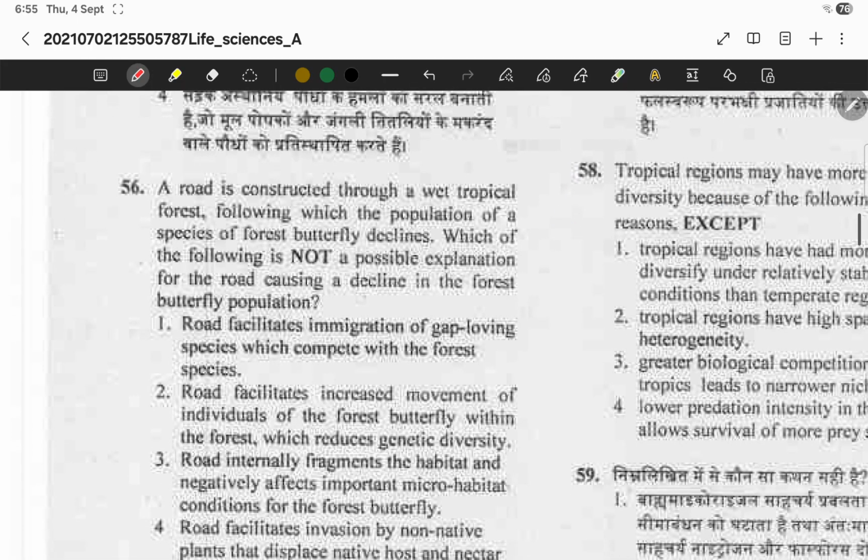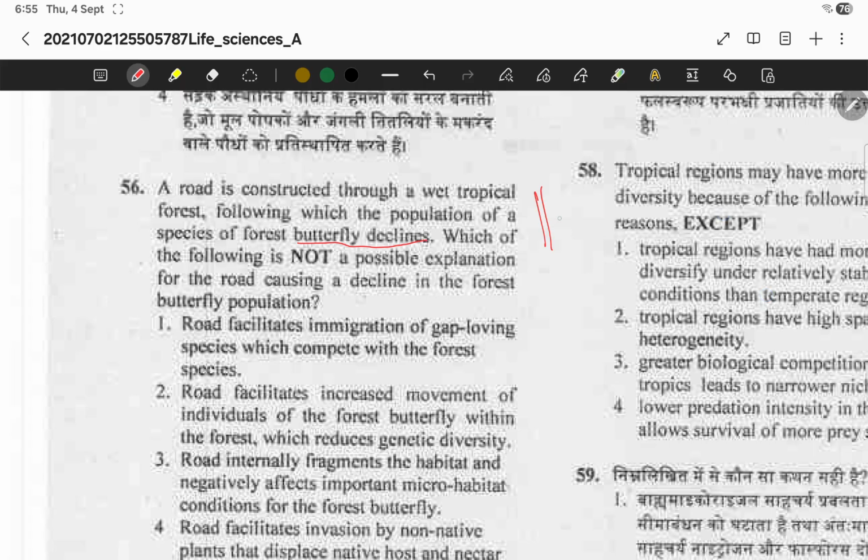Okay, a road is constructed through a wet tropical forest, following which the population of a species of forest butterfly declines.